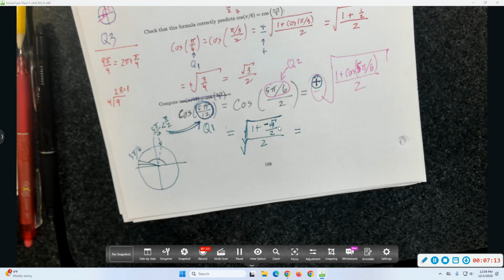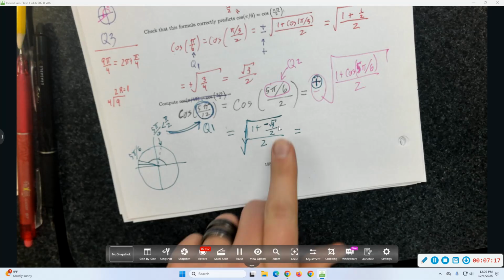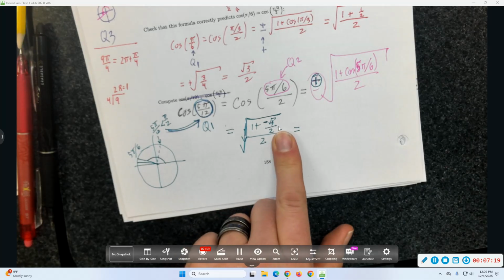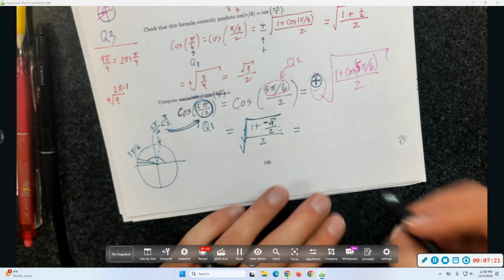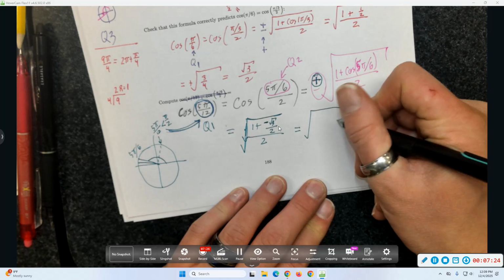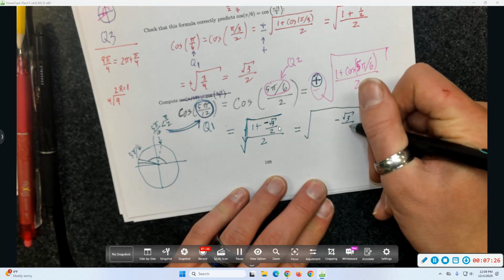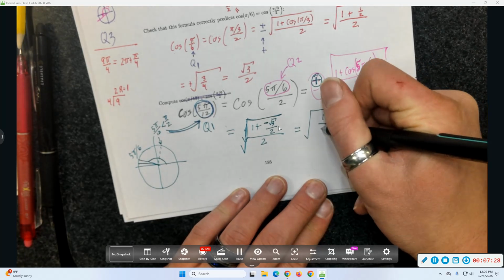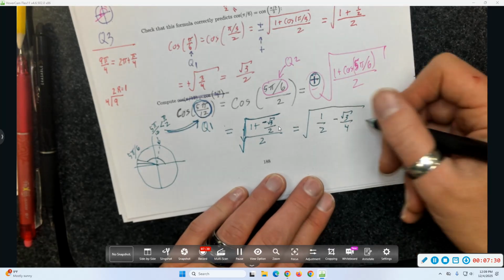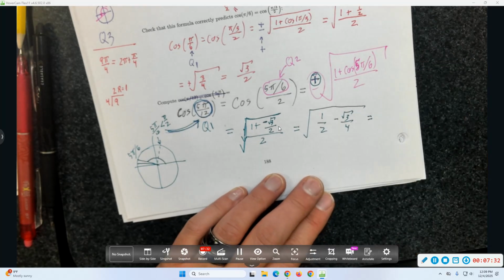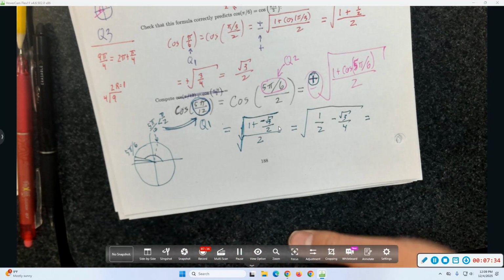The negative root 3 over 2, since that's all being divided by 2, turns into negative root 3 over 4. And then the 1 becomes 1/2. So it's 1/2 plus negative root 3 over 4. Works for me.